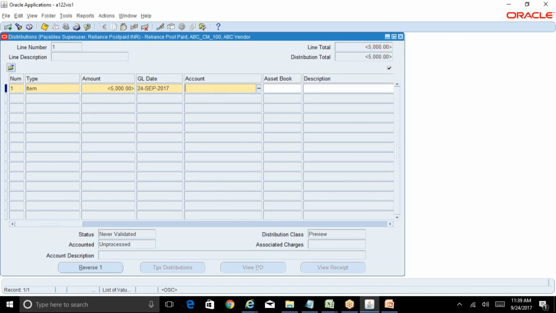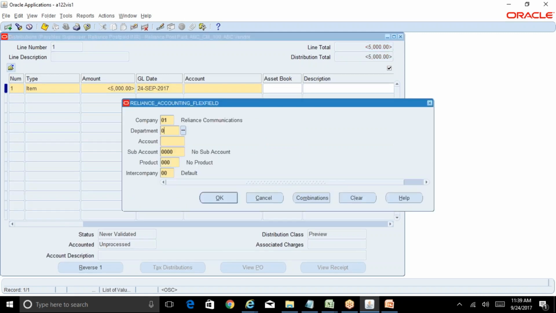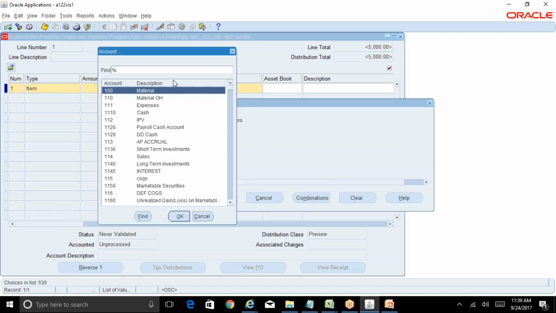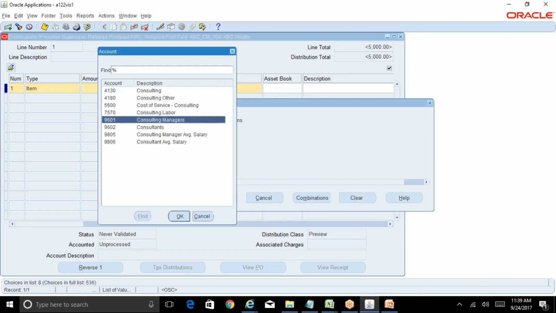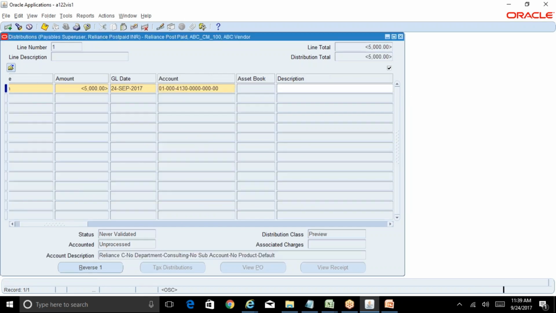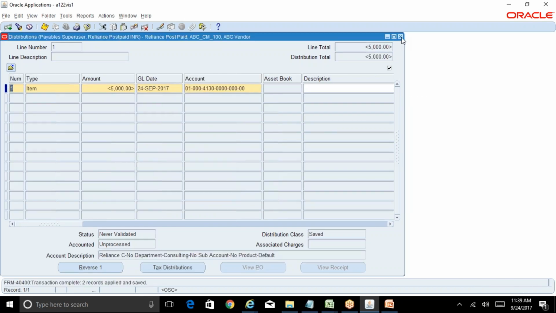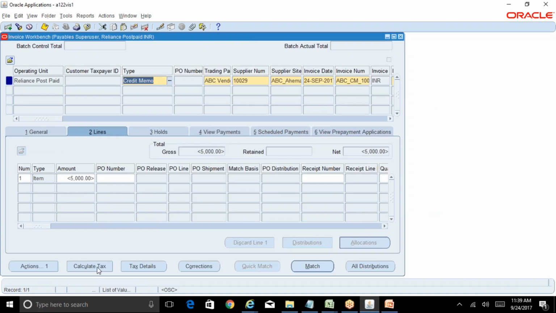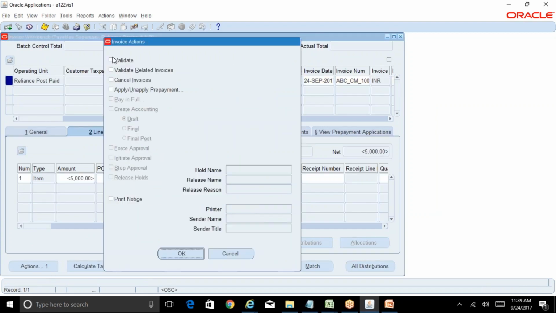So enter the account whatever is being used in the original invoice. We have used, I think, consulting account. Actions, validate. Okay.